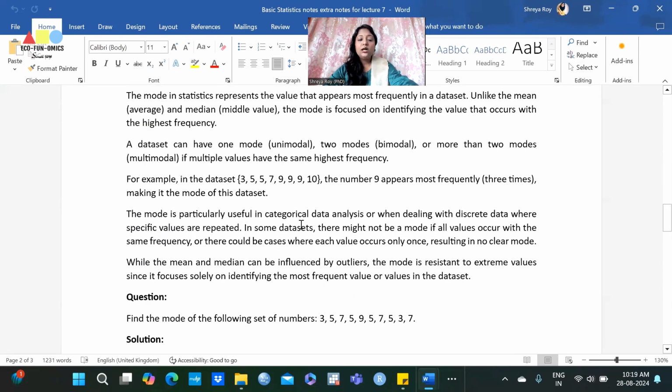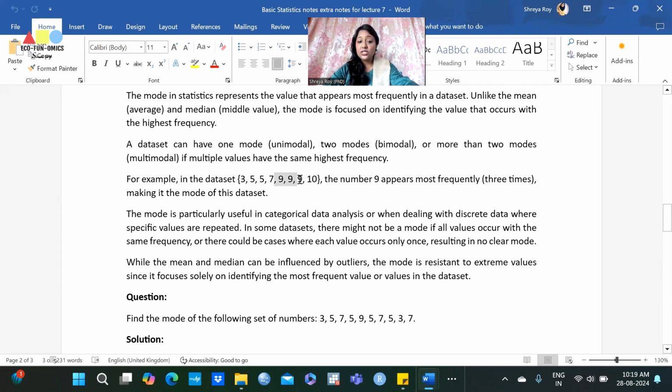Let's move to mode. Mode is basically the observation which has repeated itself the maximum number of times. So for example, over here we see that 9 has been repeated 3 times, whereas the others have been repeated either twice or once.